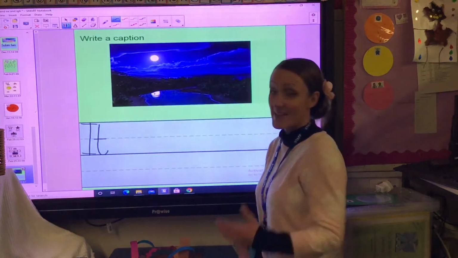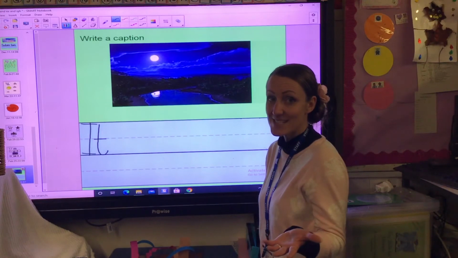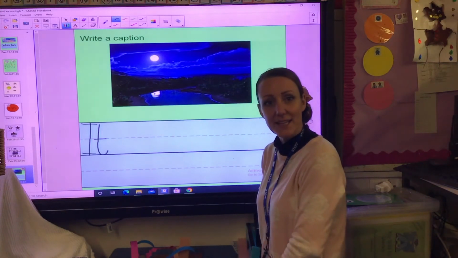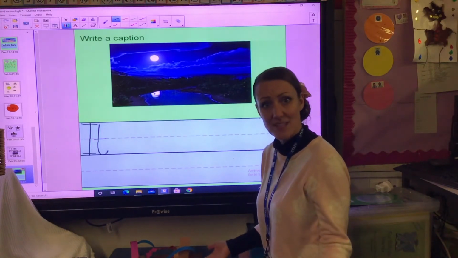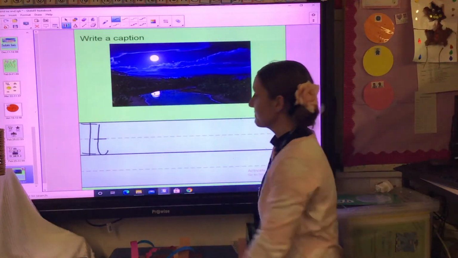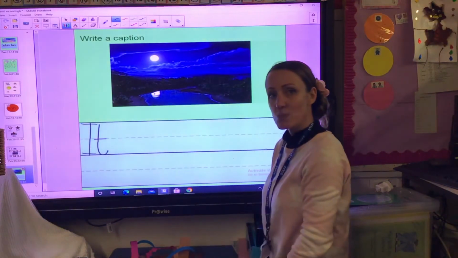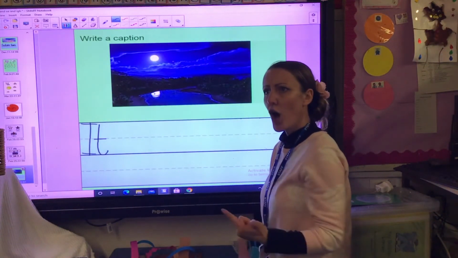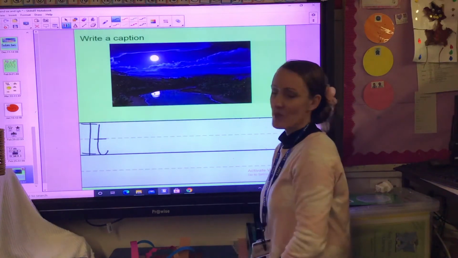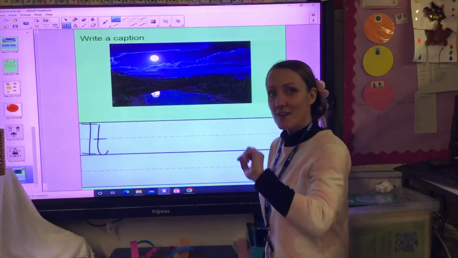Now, what must I remember to do after I've written my first word in my sentence? I need to leave a gap. I need to leave a space, don't I? Sometimes I use my finger to help me remember. It. I'm going to leave a space. The next word is was. W-O-Z. No, that's not right. Stop right there. We can't sound it out.